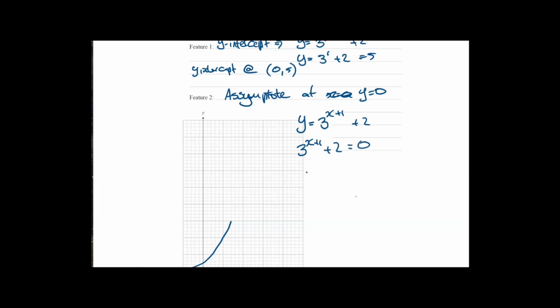Let's bring this 2 across. Now to find that, we need to take logarithms. So x plus 1 comes out the front. We take a log there of 3. So this is fine. This is cool. But if we take a log of a negative number, we can't do it.